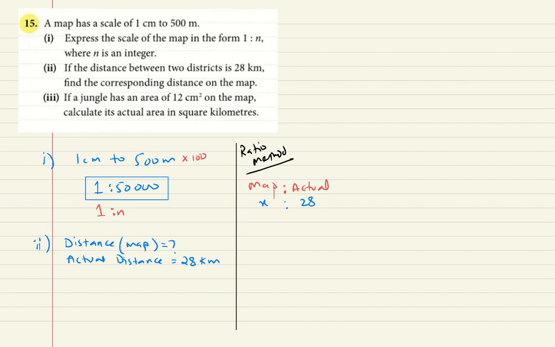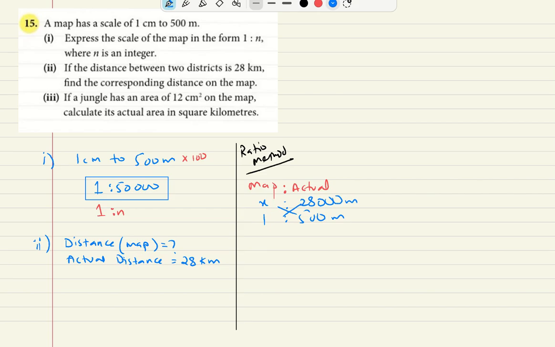ठीक है. So either we can convert this 28 kilometers into meters, right? 28 kilometers into meters will be how much? 1 kilometer is 1000 meters. So this will be 28,000 meters. And the scale is 1:500 meters.